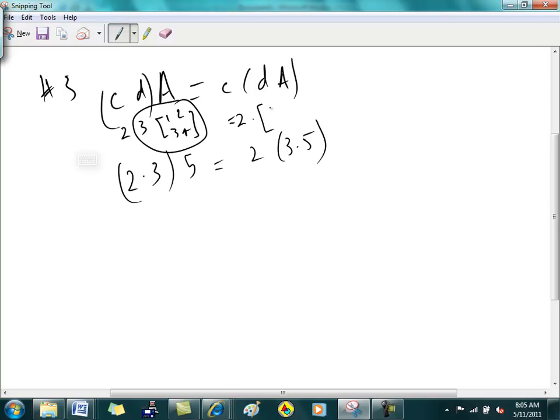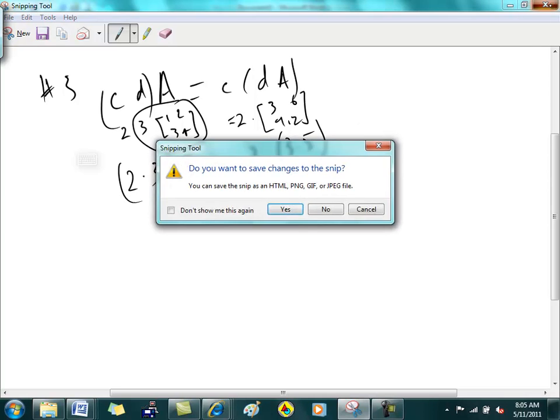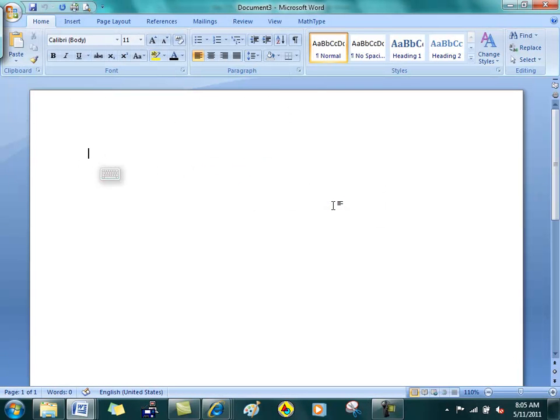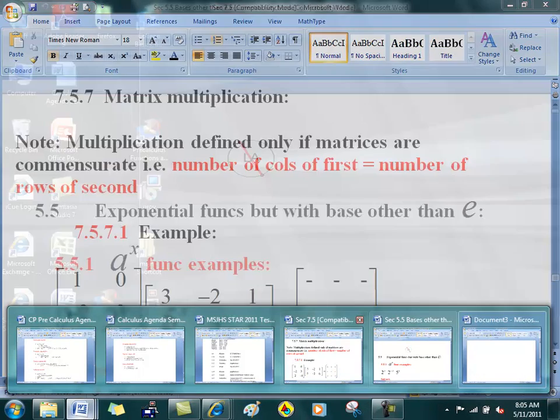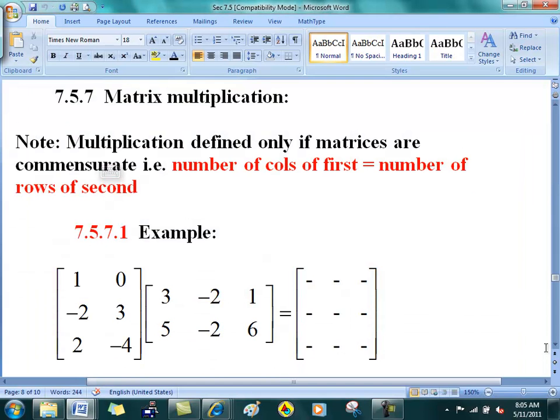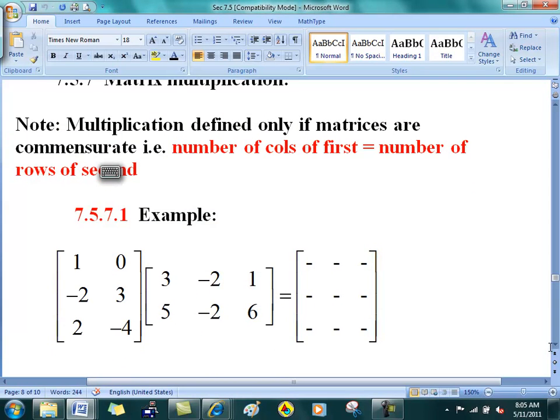Okay, so that would give you 3, 6, 9, 12, and then you can do the following multiplication. Okay, that's all it's saying. All right. Okay, matrix multiplication. So take this down and then I'll give you how it's done, okay?